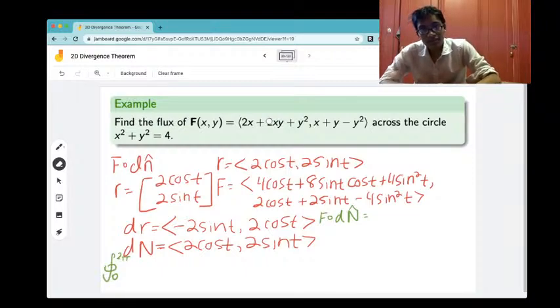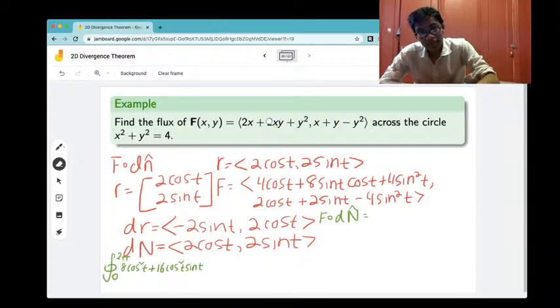I'm going to multiply all of that by 2 cosine of t. So that's going to become what? First one is going to become 8 cosine squared of t plus 16 cosine squared of t sine of t. Okay, but we're not done.